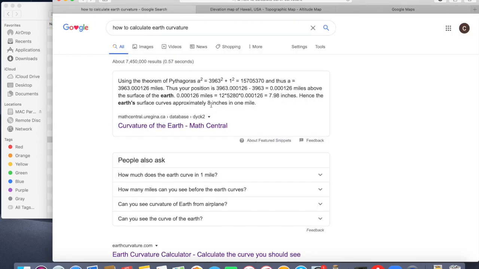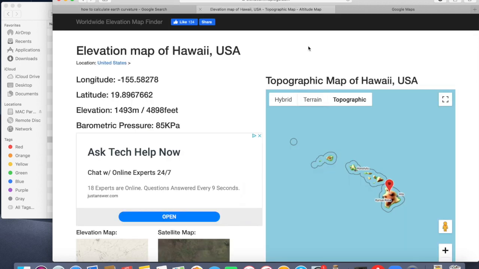So it's 8 inches per mile squared. Okay, if you use the math using the size of the Earth radius at 3,963 miles, so it's not 3961, it's not 4,000 miles, it's that one number there that Google and all its mathematicians and scientists and the NASA, they conspired to give you that number.